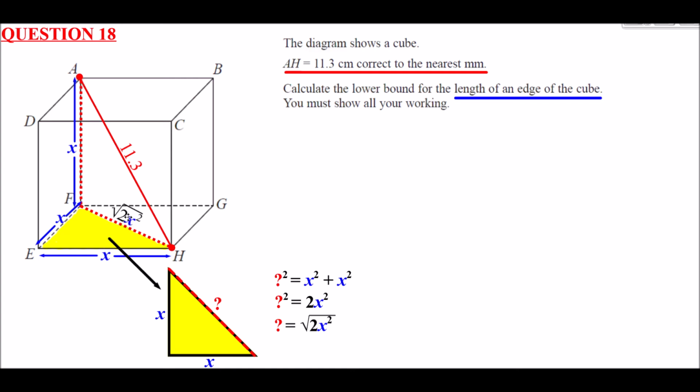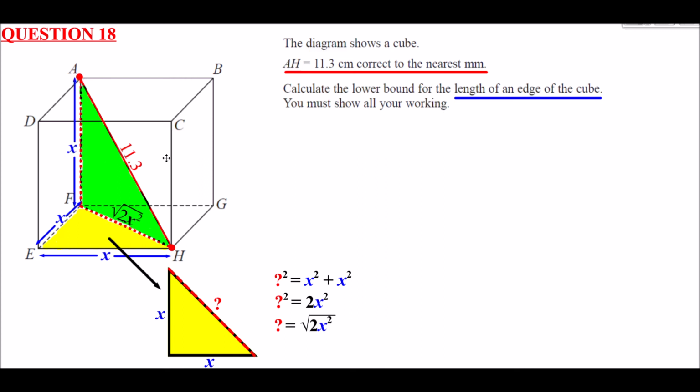We can therefore think about using Pythagoras on this red triangle now as well, which I'm going to colour code in green. So we know its hypotenuse, AH, is 11.3 to the nearest millimetre at least. The base, in terms of a side of a cube x, is root of 2x squared, and this side here is x.